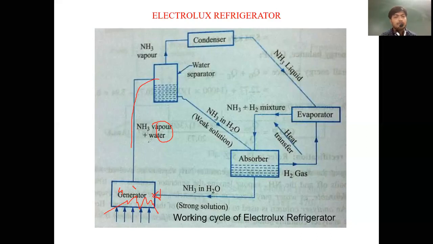Here some water particles are separated from the ammonia, the remaining ammonia vapor is transferred to the condenser, and the weak solution of ammonia water is returned back to the absorber. This cycle is a total gravity-based or constant pressure cycle.